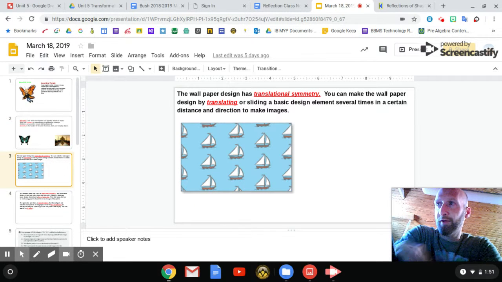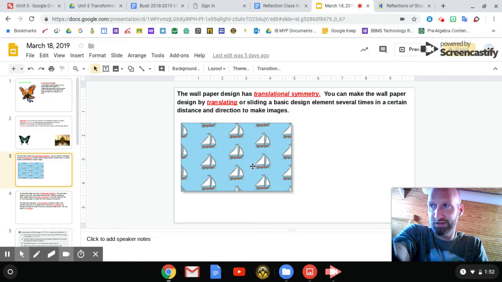The wallpaper design has translational symmetry. You can make the wallpaper design by translating or sliding a basic design element several times a certain distance and direction to make the images. So on this wallpaper, if I took the center boat right here, and it didn't flip or anything, it just slid up, it's the same, right?